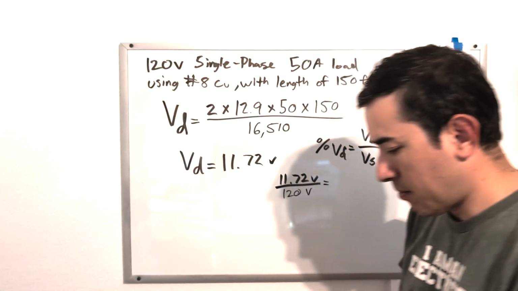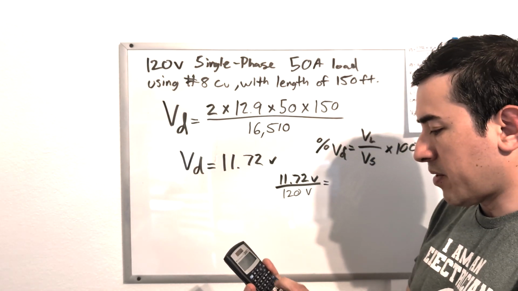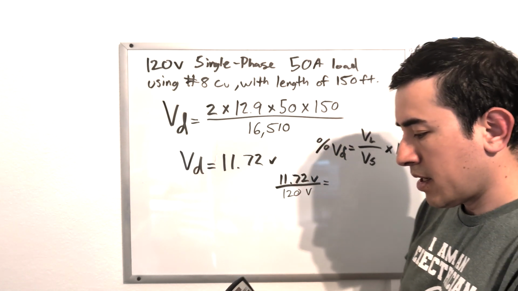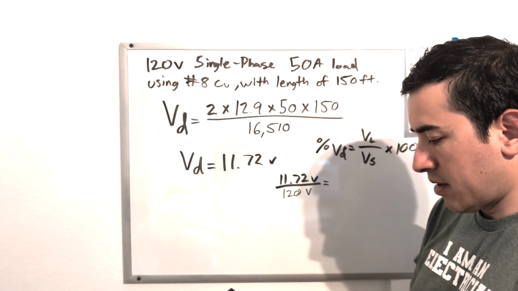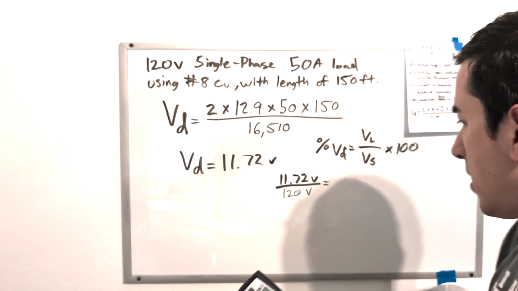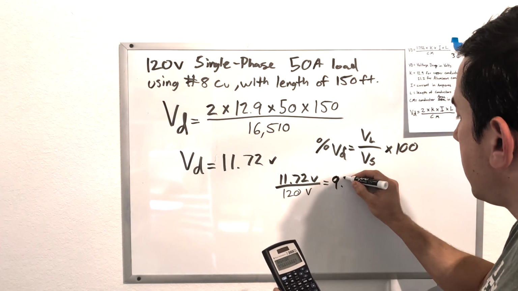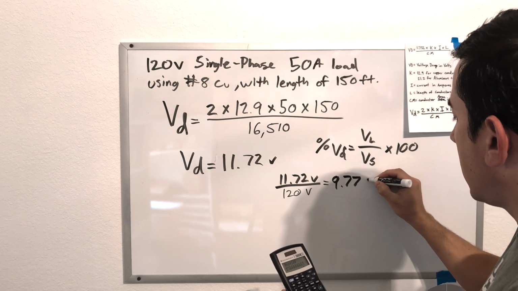Let's go ahead and do that math. 11.72 divided by 120 times 100 gives us a percentage of 9.77%.